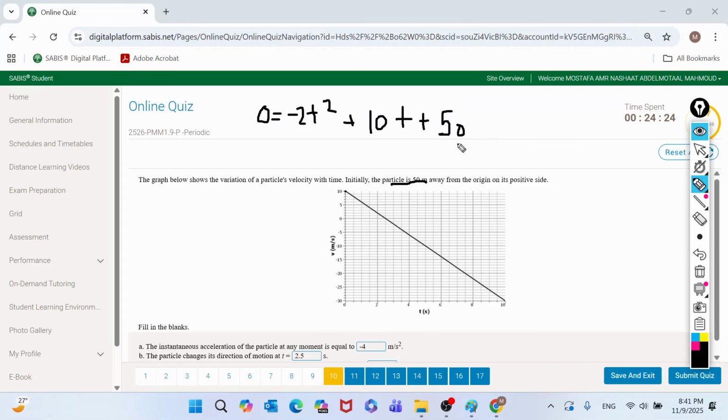Okay, wait. Let me just put it on my calculator. Negative 2, 10, and 50. You get a positive answer and a negative answer. The positive answer is 8.09.